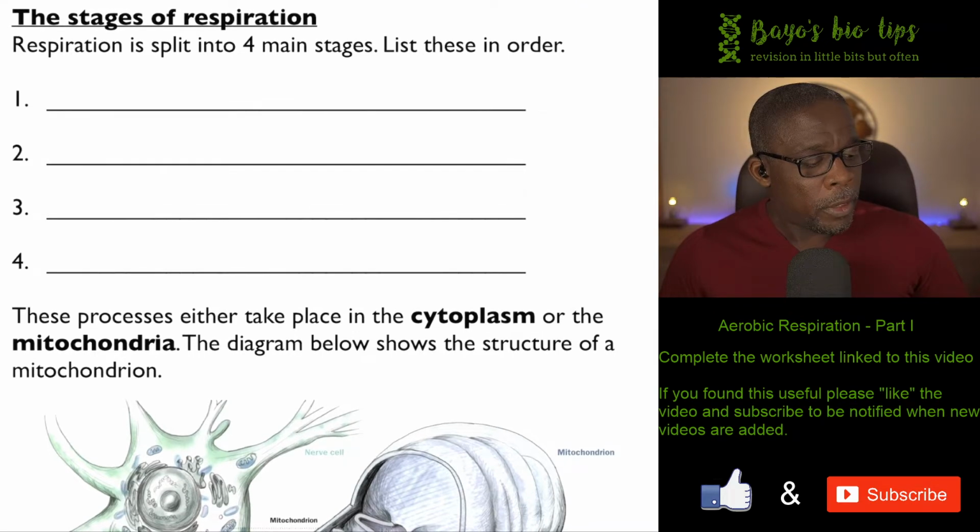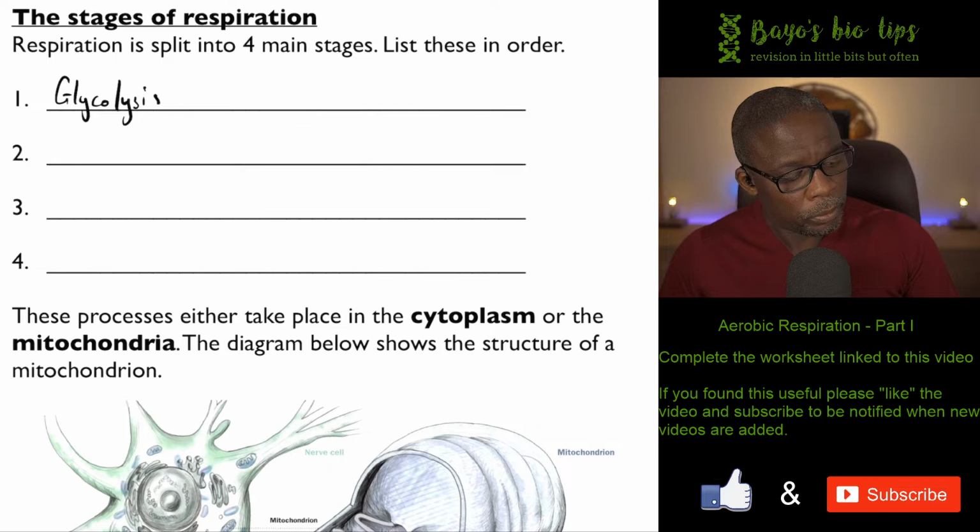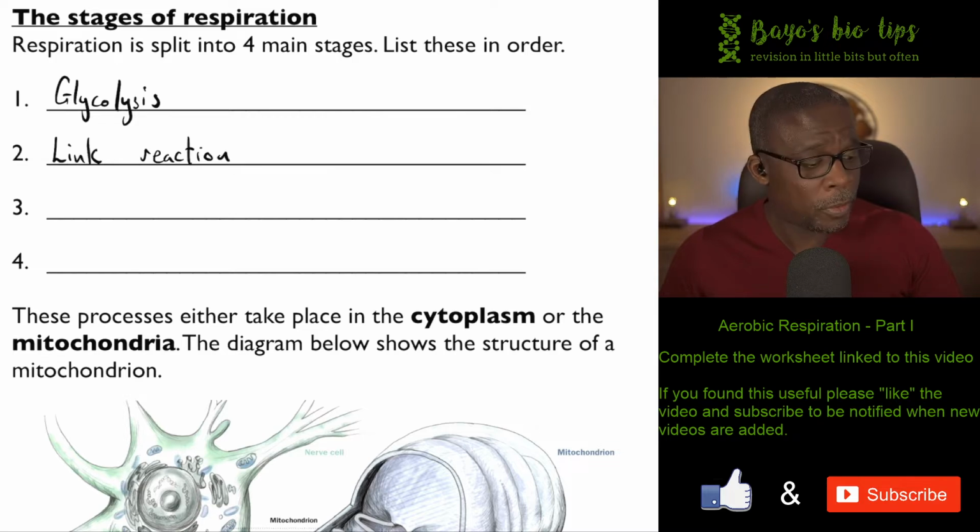Let's think about the 4 stages involved in aerobic respiration. Let's start off at the beginning with something called glycolysis. And then after glycolysis, you've got the link reaction. After the link reaction, you've got something called the Krebs cycle.